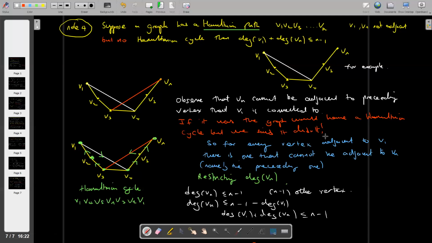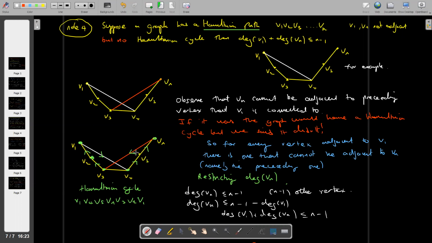That's quite a lot to take in, really. I'll go over it one more time. This has a Hamiltonian path, but no Hamiltonian cycle. What does that mean? It means that Vn cannot be connected to the preceding vertex to the one that V1 is connected to, because if it was, then we could create a cycle.